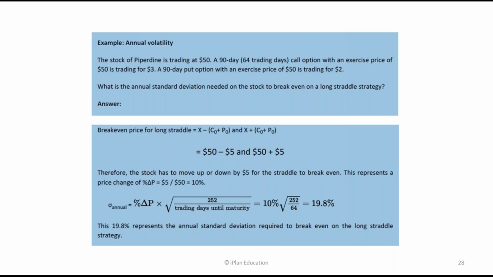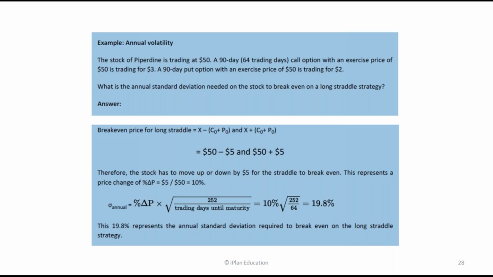So we have a long straddle, meaning we are buying both call and put at the same strike price. So the break even for this would be how much? We have call and put both. So we are spending 5 rupees, 3 and 2, so the total premium cost is 5 rupees.